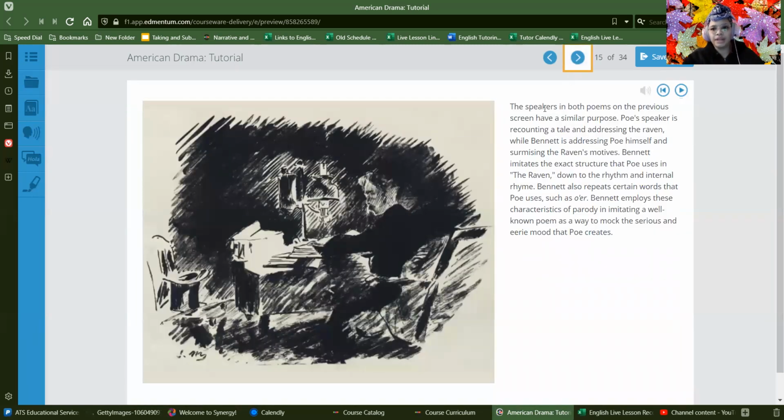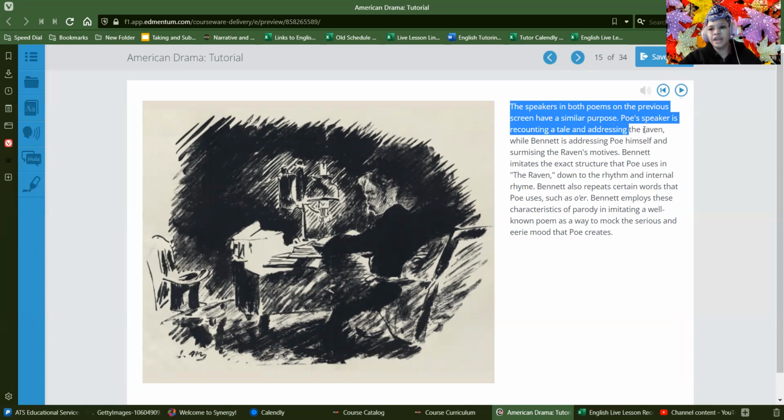And here they give you a little breakdown. The speakers in both of these poems have a similar purpose. Poe's speaker is recounting a tale and addressing the raven. That was the point of the original poem. And Bennett is addressing Poe himself and trying to surmise the raven's motives.